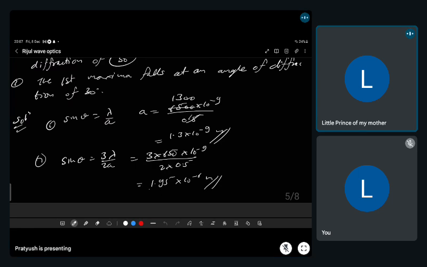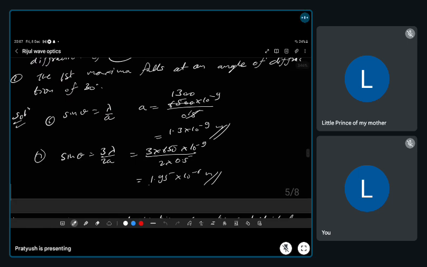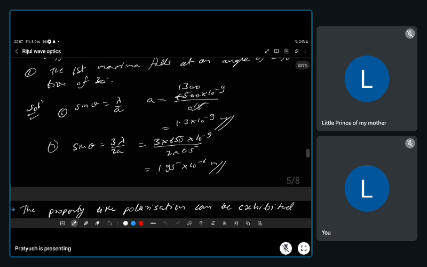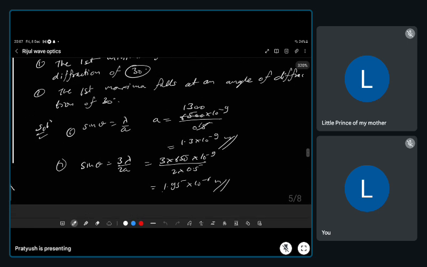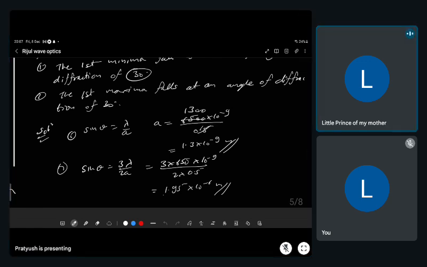Yes, 2n plus 1. So when we put n equals 1, that becomes 3. So it will be 3 lambda by 2. That we need to calculate, and we shall get our answer. Get it now? Yes, sir, I get it.